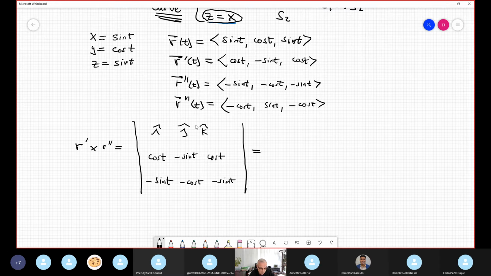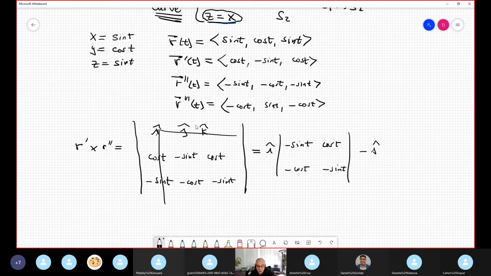Okay, I want to skip the stupid cross product because I suppose you know it. Well, let's do it. We have this, and this is minus sine, cosine, minus cosine, minus sine. You know the cofactor. When you delete this and this, this guy stays alive. Minus j, remember the second is always minus j.